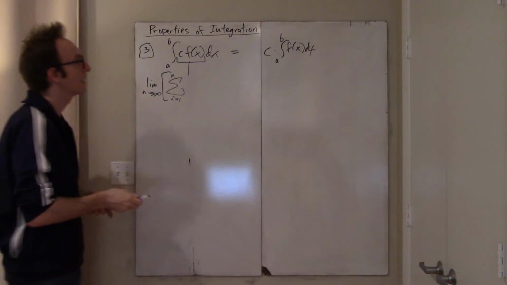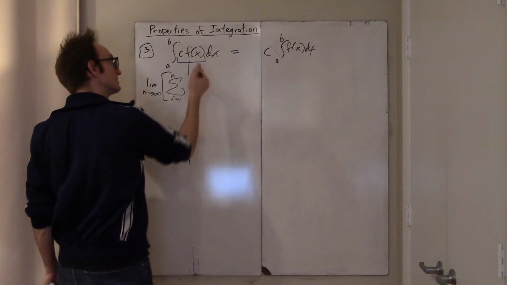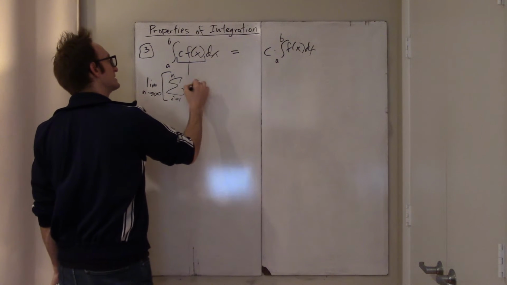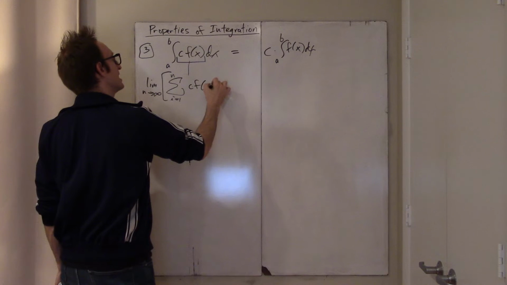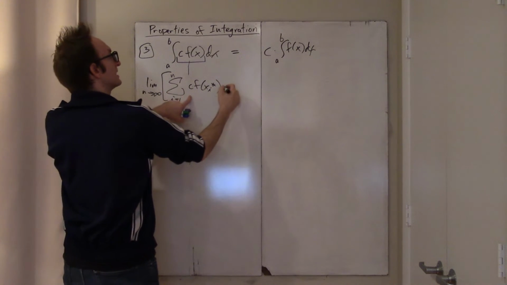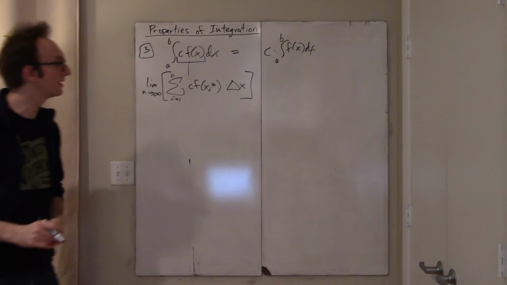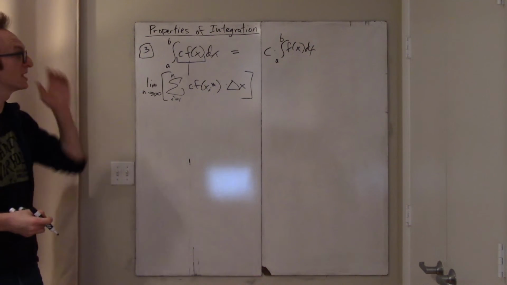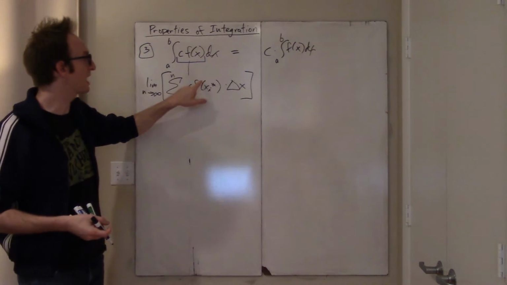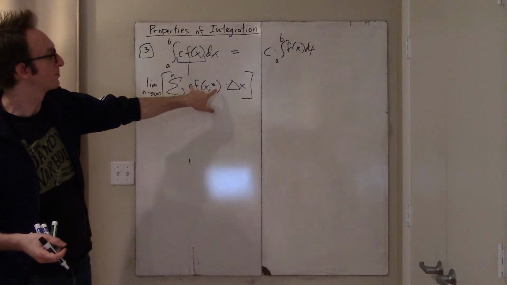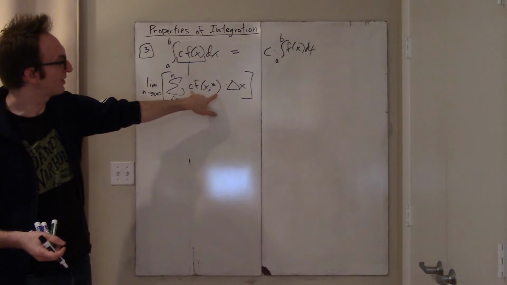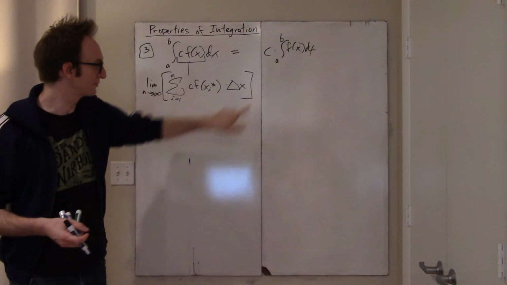But anyway, when I plug a sample point into that function, I get c times f of x sub i star as the output, times delta x. So that's just what an integral is. It's the limit of a Riemann sum, and a Riemann sum is just the sum of a bunch of products of functions and widths of intervals.